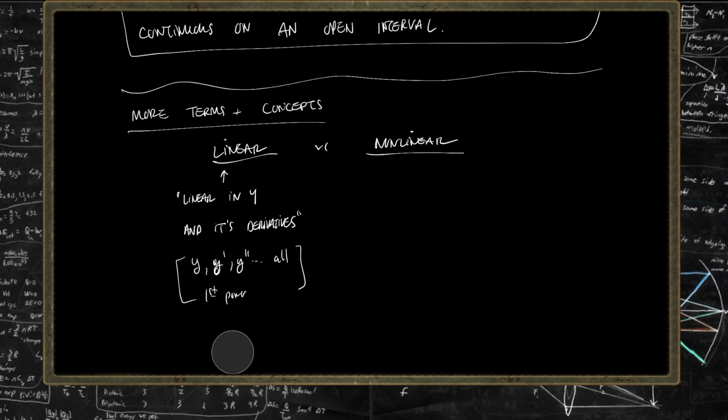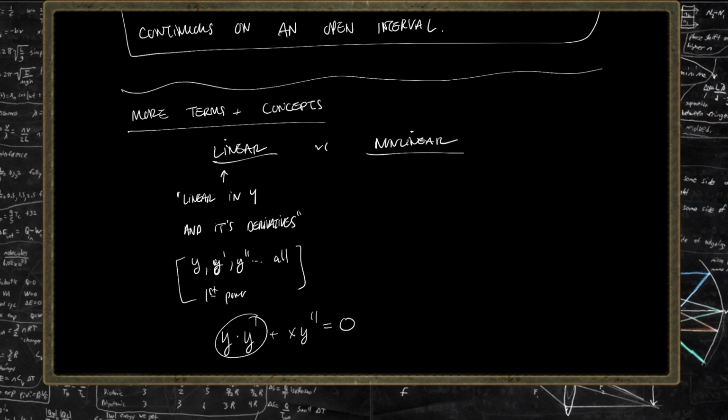But also, if you had something like y times y prime, this breaks this definition of linear as well. So if I had y times y prime plus x y double prime equals 0, something like this, this is actually nonlinear because this term in itself is not linear in y and its derivatives, because you have this first power of y times its own derivative.